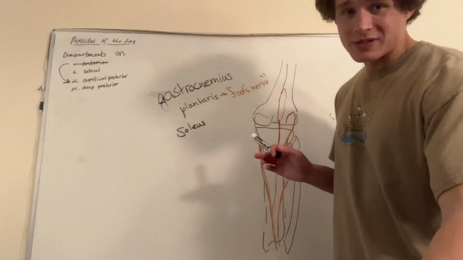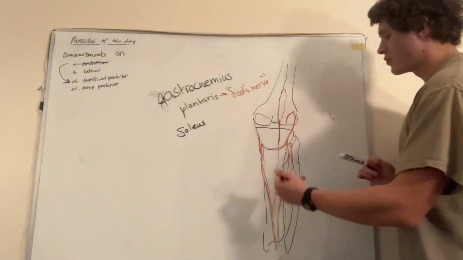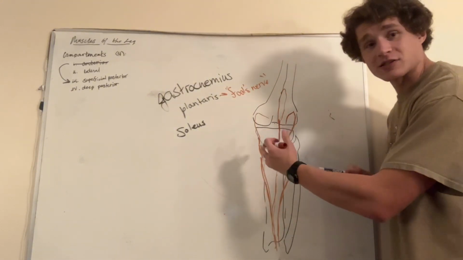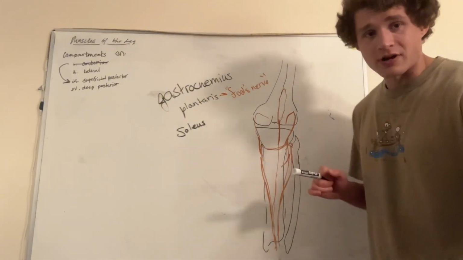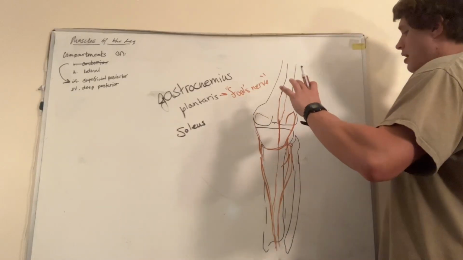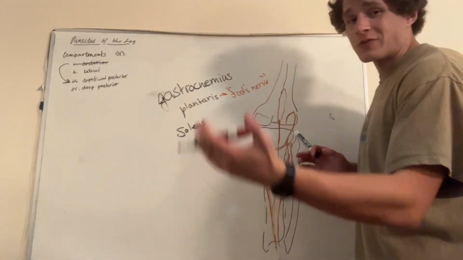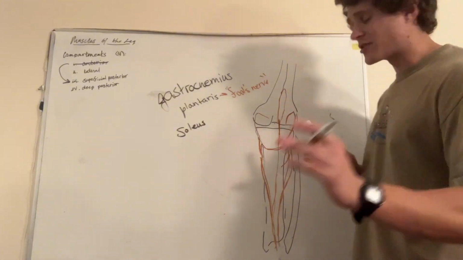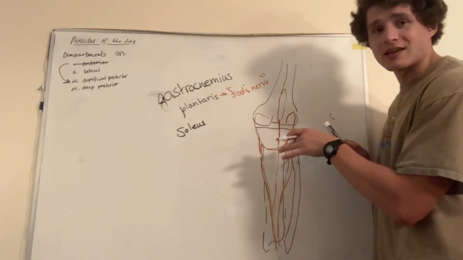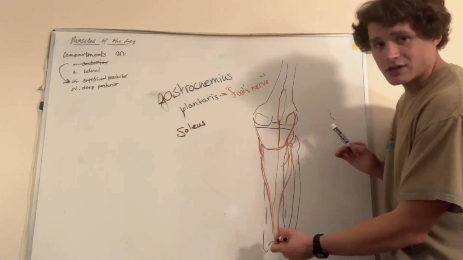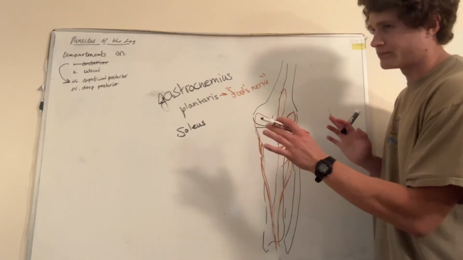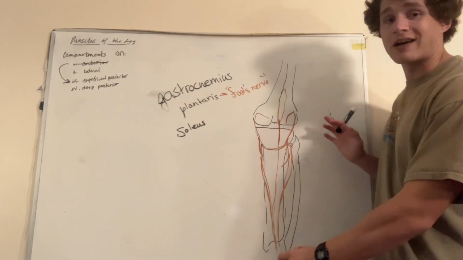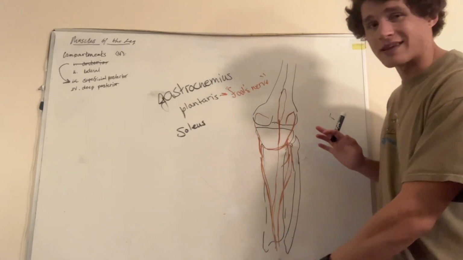It can easily be mistaken for the sural nerve, which is a subcutaneous sensory nerve that supplies the posterior aspect of the leg. It can be mistaken for a lot of stuff. The one key distinguishing factor with the plantaris tendon is that it inserts into the calcaneus along with the rest of the Achilles tendon.